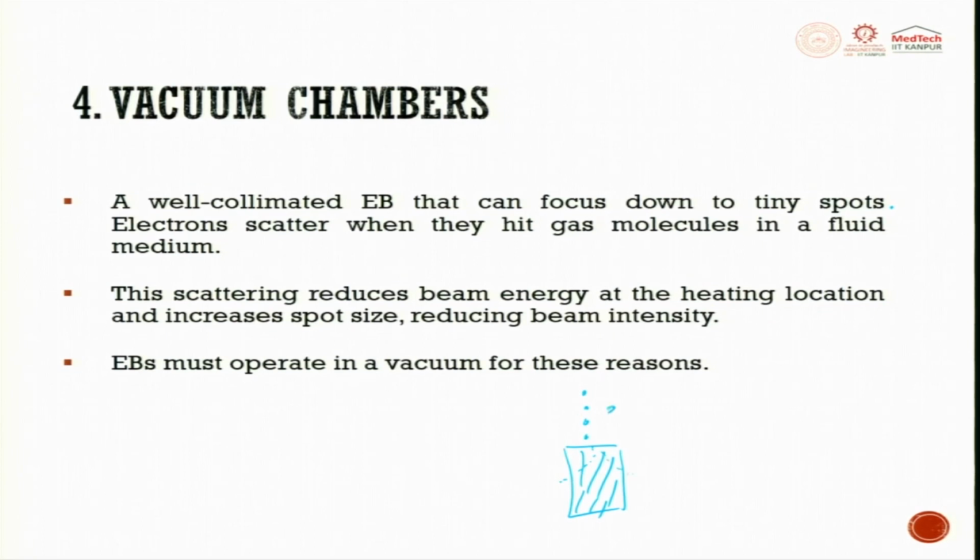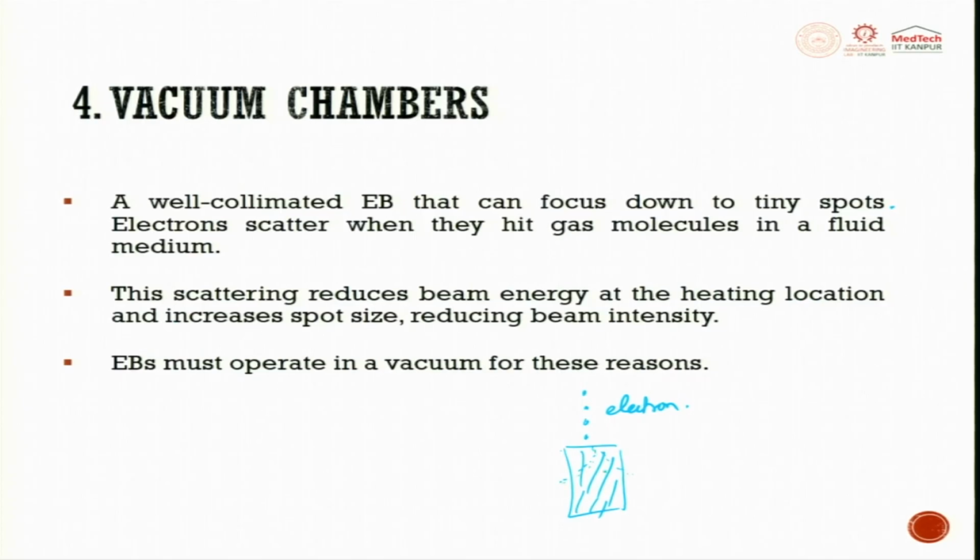This is the electron. A well collimated electron beam can focus down to a tiny spot, but if this electron passes through a gas or fluid media, it gets scattered. This scattering reduces the beam energy at the heat location and increases the spot diameter.